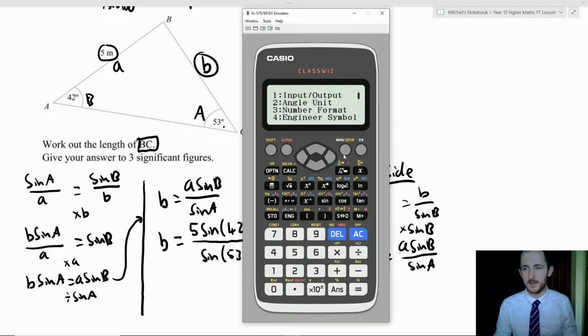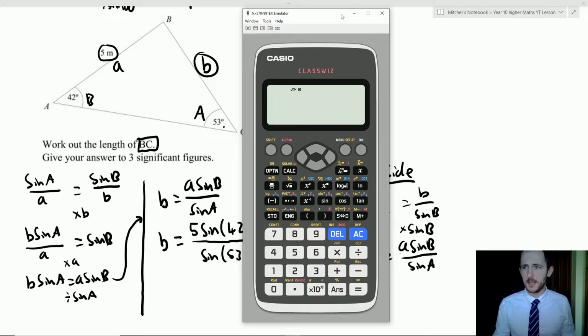So you press Shift Menu, and if you see number 2 angle unit, make sure you press number 1 for degrees. The other two things, so radians are what you use in A level, so we don't need to worry about that yet. Gradians is something they only use in the military, so you probably won't ever use that. But yeah, just press number 1, and we're definitely in degrees mode, and that D should be highlighted.